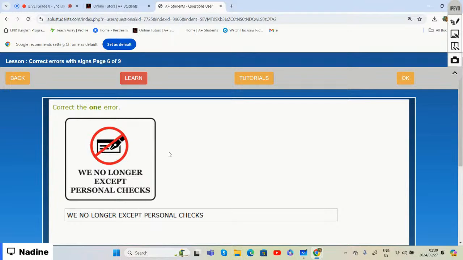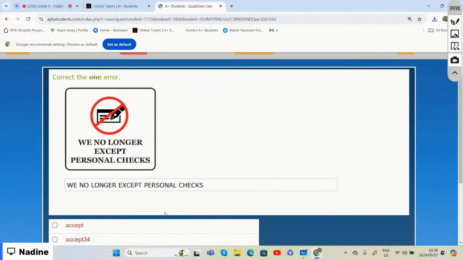Yes, and if we were to choose our correct option, then accept is correct. Remember, we said that the word EXCEPT is like saying excluding that, whereas our word ACCEPT is like receiving something, like we take something.